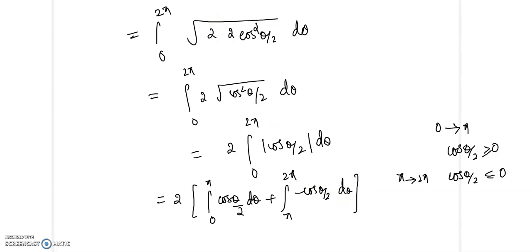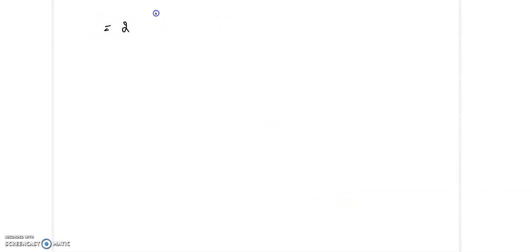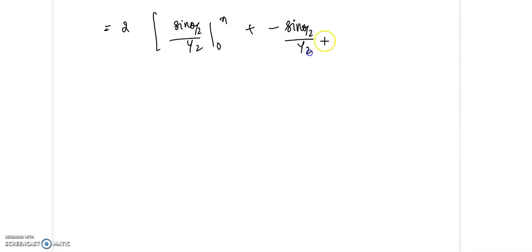So let us evaluate the integral. That will be 2 times sin theta by 2 by 1 by 2 from 0 to pi plus minus sin theta by 2 by 1 by 2 from pi to 2 pi.